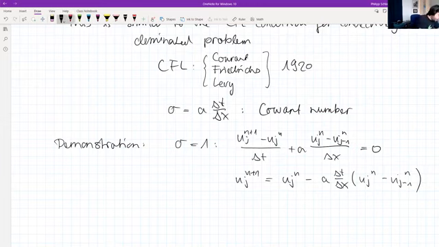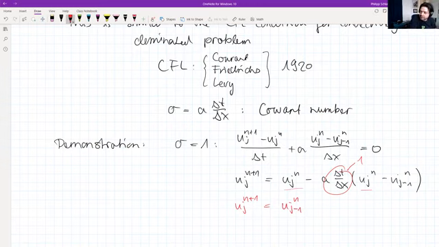Now, if I choose sigma to be 1, then of course this one will become 1. And my result here will be, u_j^(n+1) is, well, if this is 1, then this and this take each other out, and then this becomes a plus. So it will just be u_(j-1)^n.